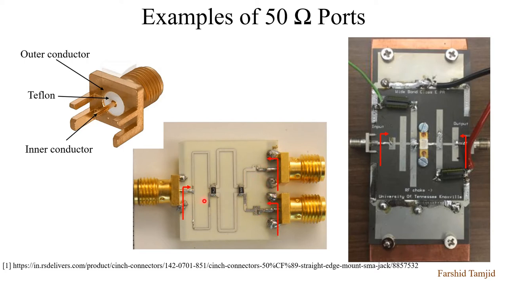So if we don't want to have any mismatch, we need an SMA that is 50 ohm as well. You assemble this SMA to your board, and you will have a good match and can measure it easily. The same thing here: this is our board, this is 50 ohm, and here is 50 ohm, so we connect it to two SMAs that are 50 ohm.